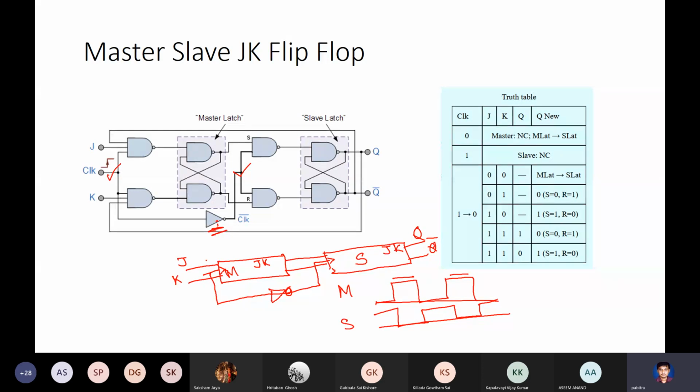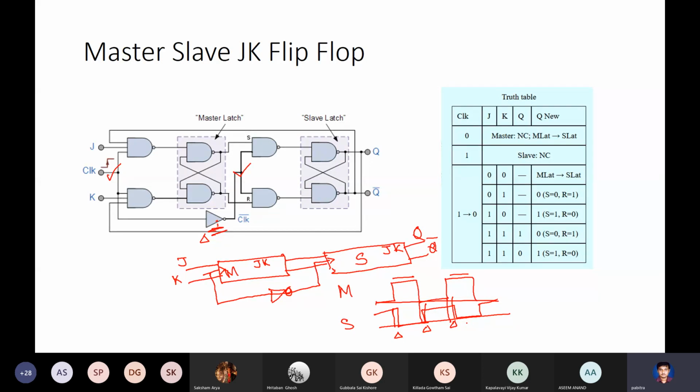So the slave's enabling input is the complement of the master's enabling input, but with a small delay, delta, because of this NOT gate. Similarly, there will be a small delay here, and here, and so on.